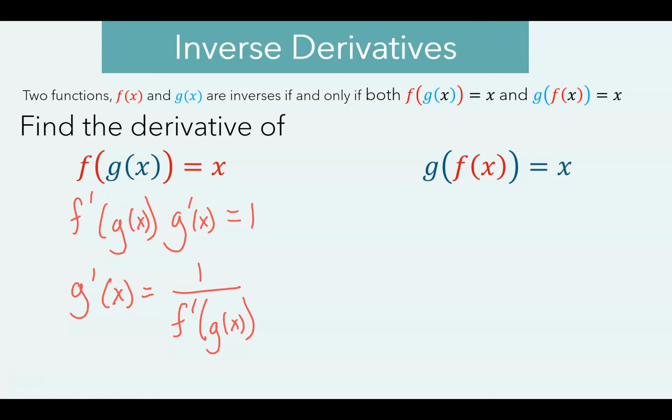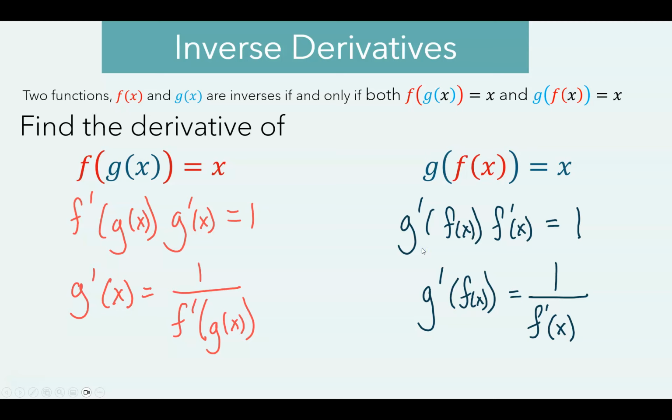And I'm trying to show you that it doesn't matter whether you do f of g or g of f. So here, the derivative of g of something is g prime of that same something. That something is f of x, which has a rate of change of f prime. Derivative of x is 1. So here, we divide by f prime. And notice, we don't get the exact same visual bit, but we do get the exact same idea that g prime and f prime are reciprocals, or the slope of g somewhere is the reciprocal slope of f somewhere.